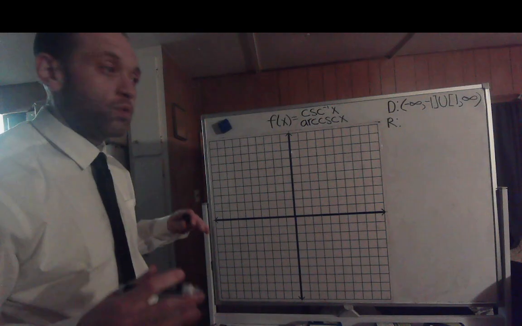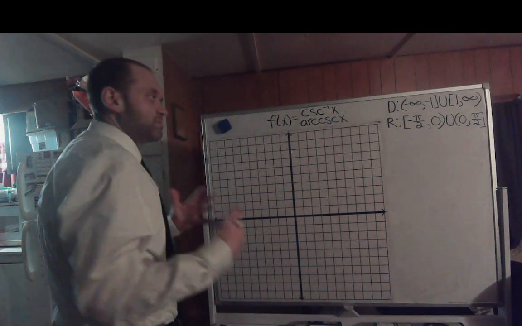So you're going to have a horizontal asymptote there. So your range is going to be from -pi/2 inclusive to 0 non-inclusive in union with 0 non-inclusive to pi/2 inclusive. So you have a little bit of a different range. It just skips 0.